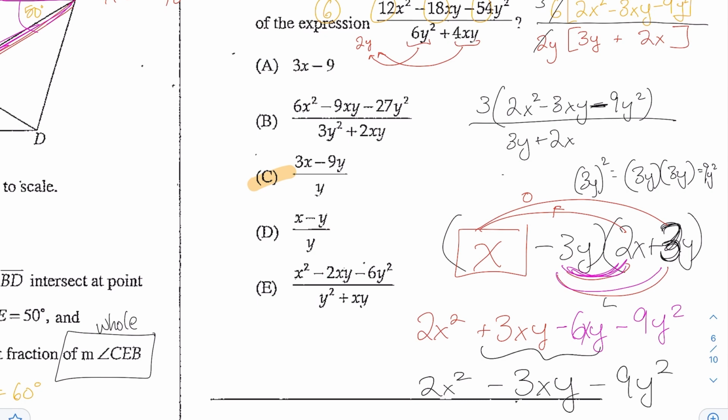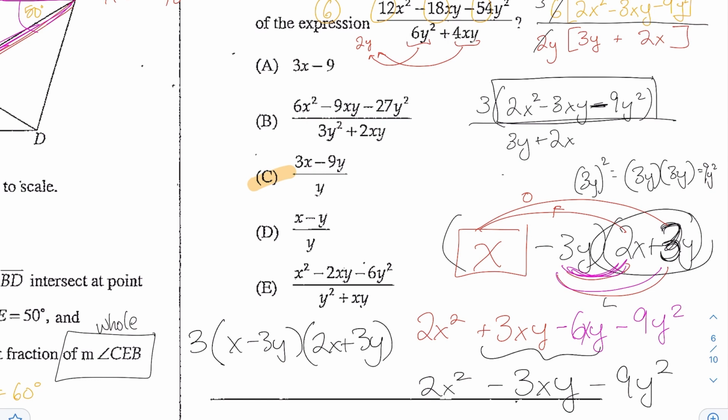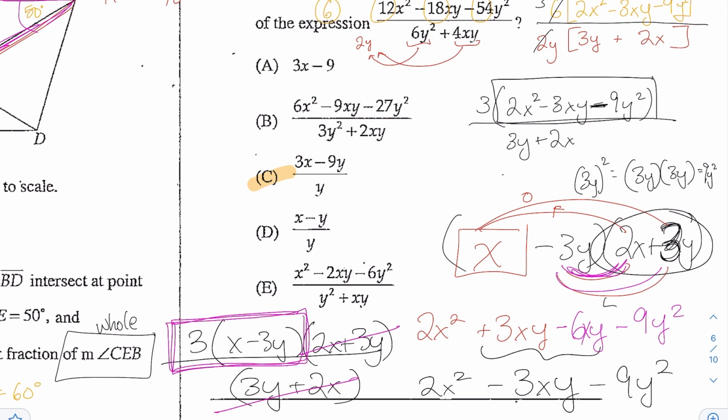So there you go. This is equal to the numerator. So this is the check. The numerator actually boils down to 3 times x minus 3y, this first factor, times 2x plus 3y, the second factor here. And the denominator is 3y plus 2x, which will allow you to cancel out the 3y plus 2x, and you just have this piece left over, divided by this y.